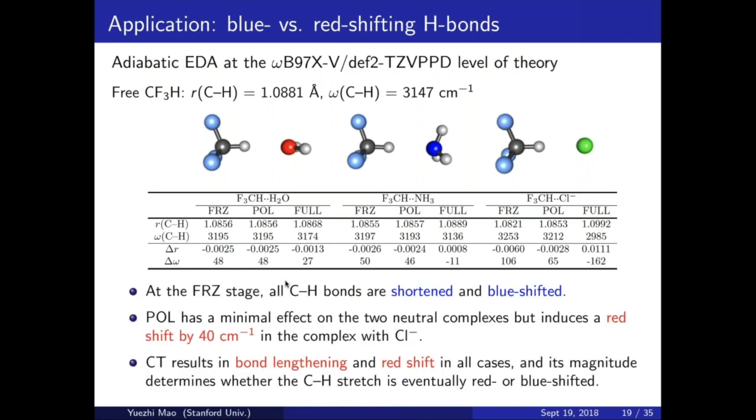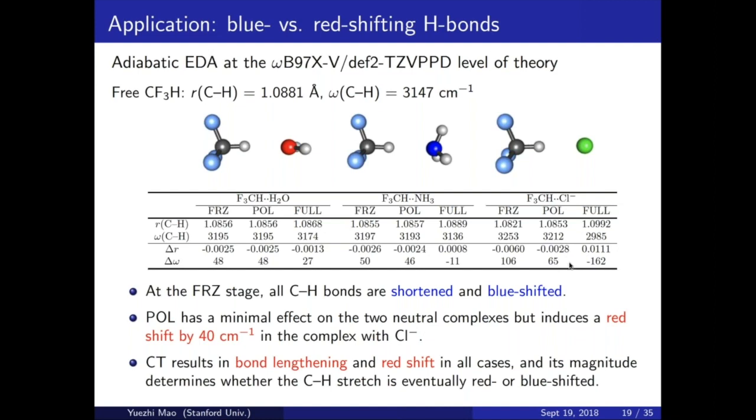And from this result, we can see at the frozen stage, all these CH bonds are shortened and blue shifted. And polarization has a minimal effect in these two neutral complexes, but in the third one, it does cause a quite significant redshift.